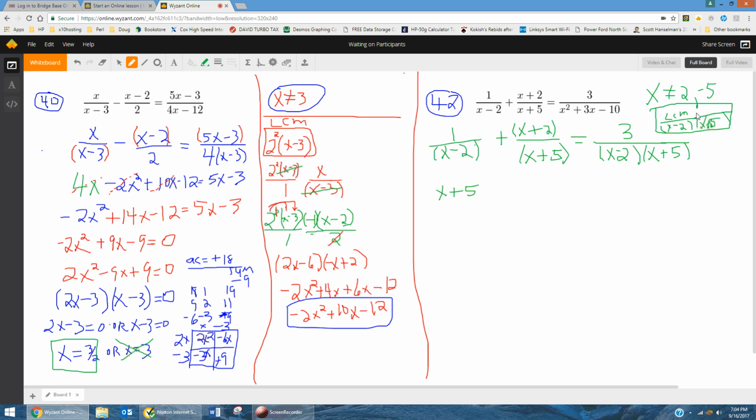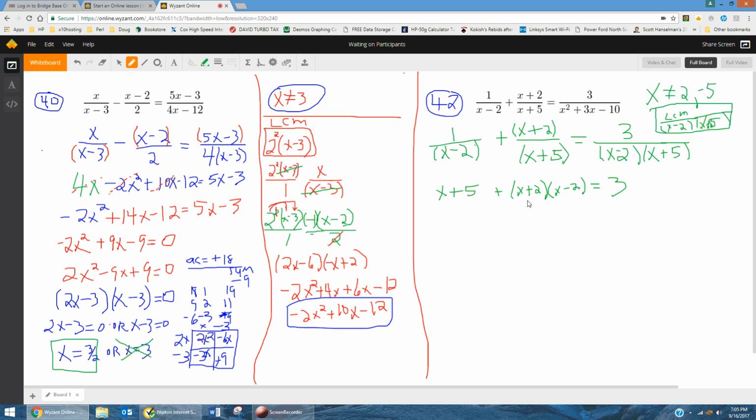Then when I take this LCM times this term, the x plus 5's are going to cancel out, and I'm going to have x plus 2 times x minus 2. And when I take this LCM times this fraction, both factors of this denominator are going to cancel out. So I'm just going to have a factor of 3 remaining.